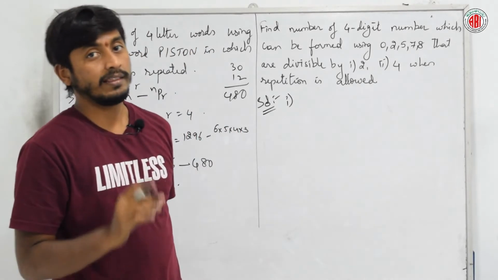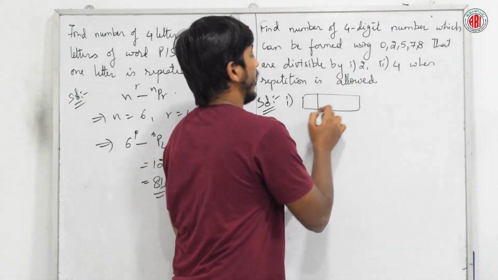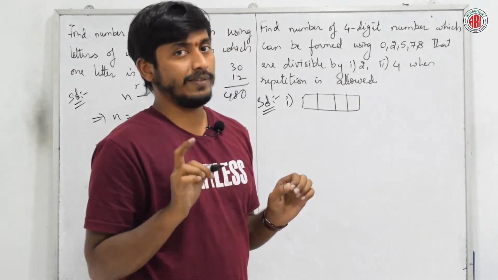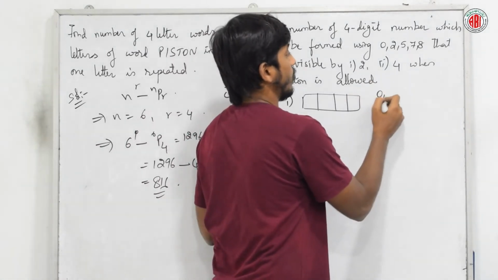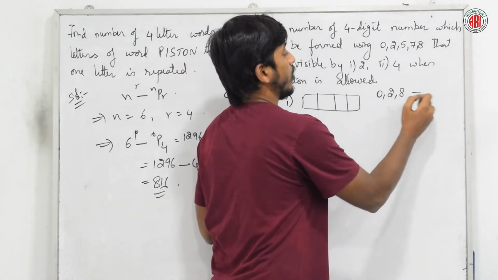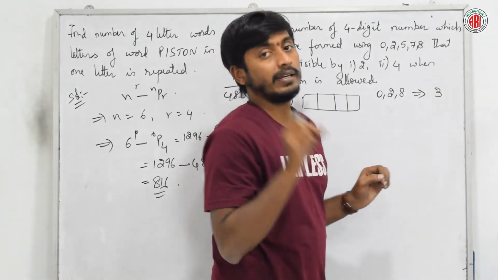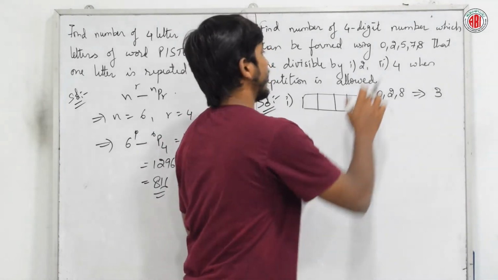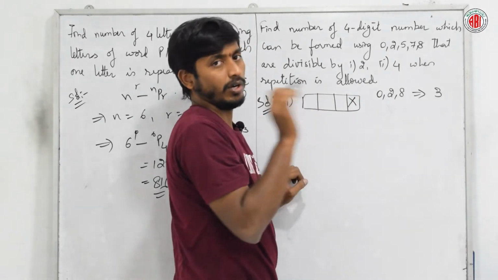So in that 4 digit, if I want it to be divisible by 2, the last digit should be either 0 or 2 or 8. So I can arrange these 3 elements in this position in 3 ways.